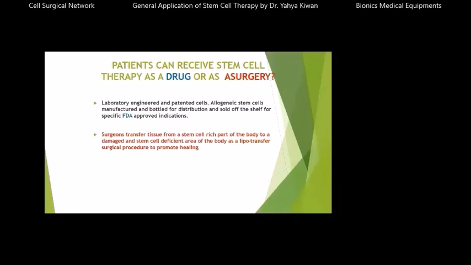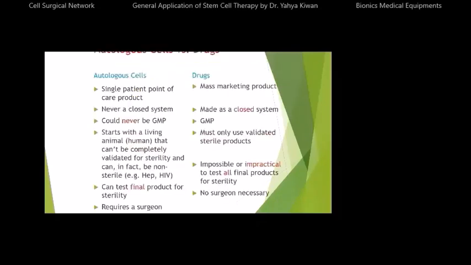Now, your cells are your own cells, and how do you get them? The surgeon usually transfers tissue from a stem cell rich part of the body to a damaged and stem cell deficient area of the body as a lipotransfer surgical procedure to promote healing.